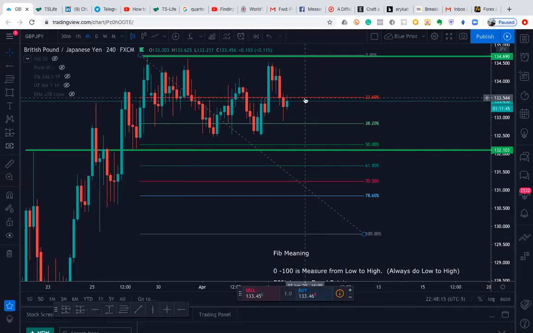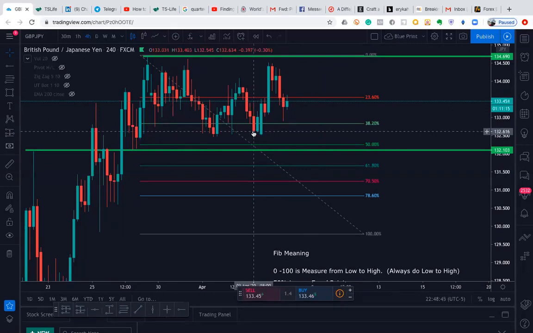Okay. So right now, price is bouncing down. So price gets down and it bounces off of this here 38, automatic sell limit or sell stop. When price finally closes below this, not like this, okay.